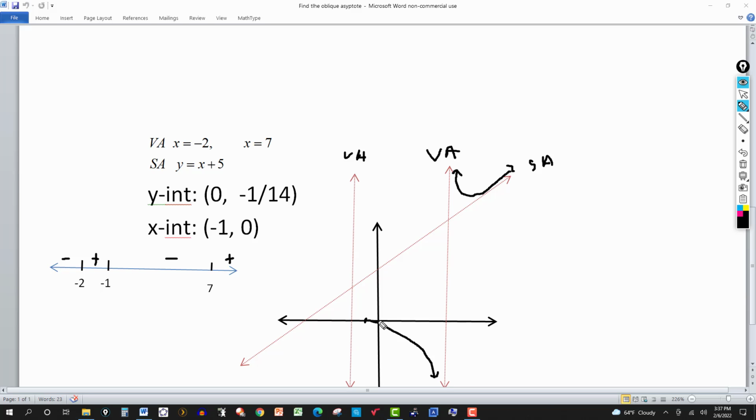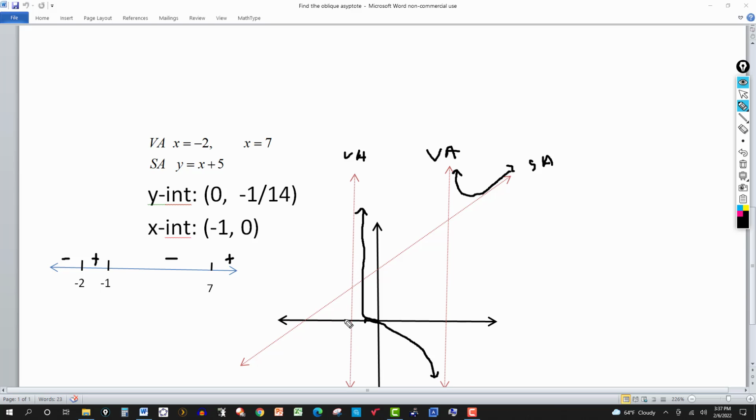Keep in mind that the graph will never cross the vertical asymptote because it's undefined at those points. But it can cross the horizontal if you have one, or it can cross the slant or oblique asymptote if you have one. So the only way this is going to go up like this and approach, get closer and closer to that vertical asymptote.